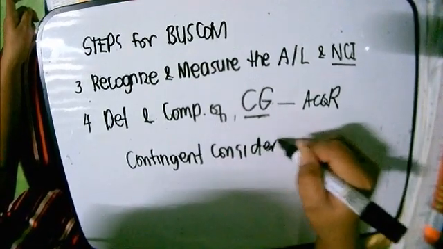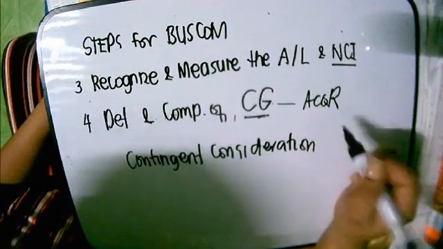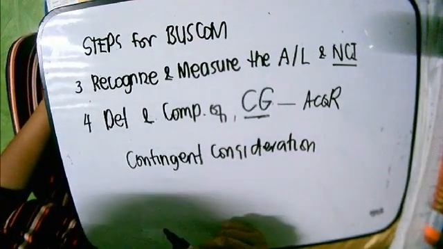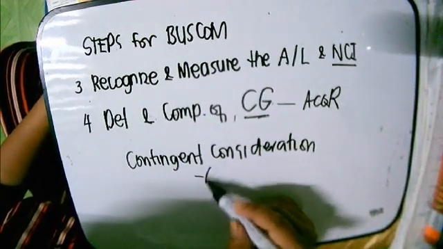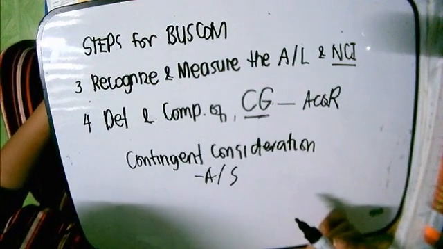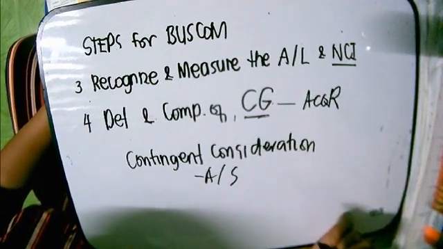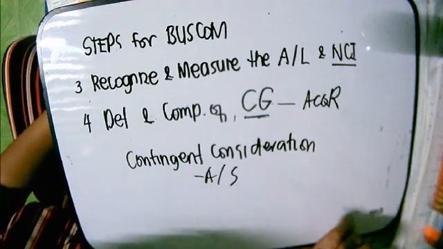So, kapag sinabing contingent consideration, it is an agreement to issue additional consideration in the form of an asset or stocks at a later date if specified events occur. It is measured at its acquisition date fair value.